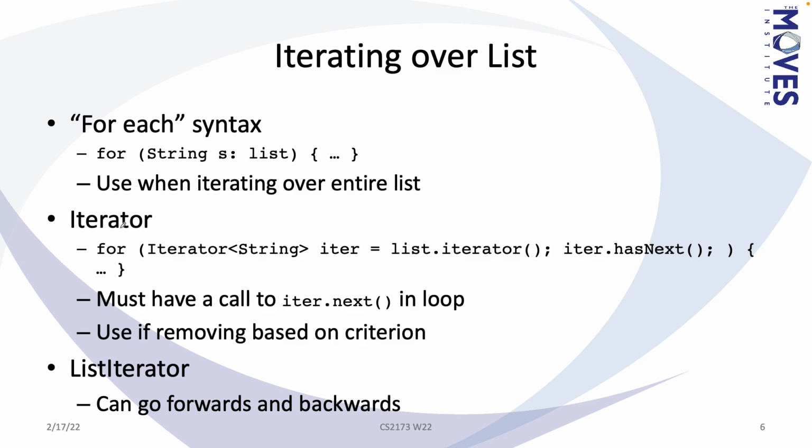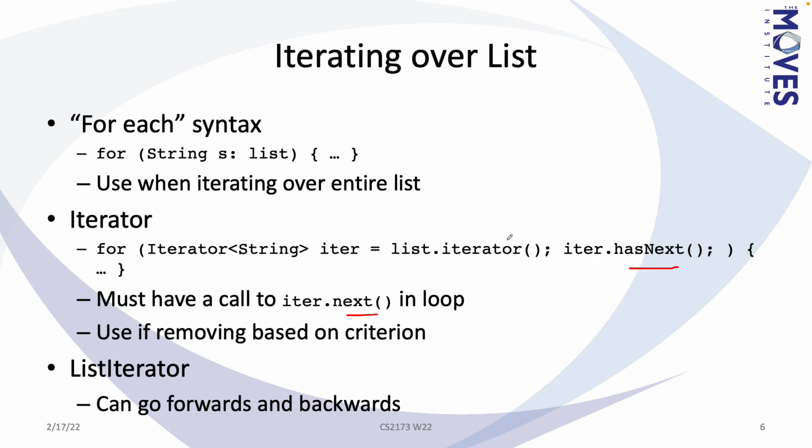Each collection has an iterator. That iterator will step through the collection using the two methods, hasNext and next. And we've already talked about that in the context of a scanner. Remember, a scanner has a hasNext and a next, in addition to a whole bunch of other things. But that's the iterator piece of the scanner.